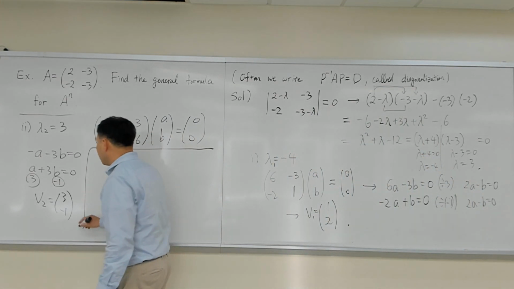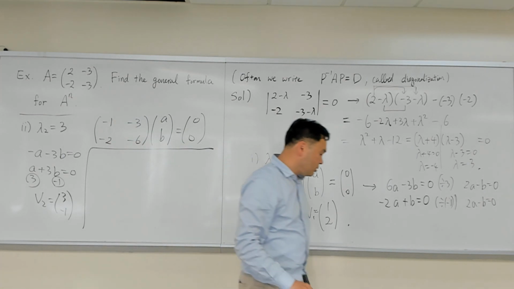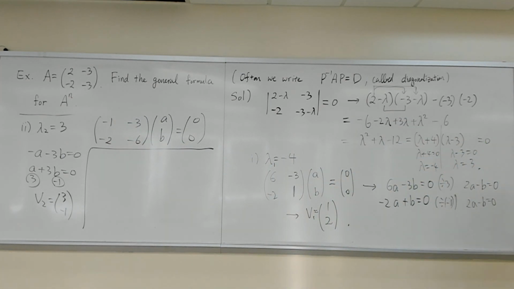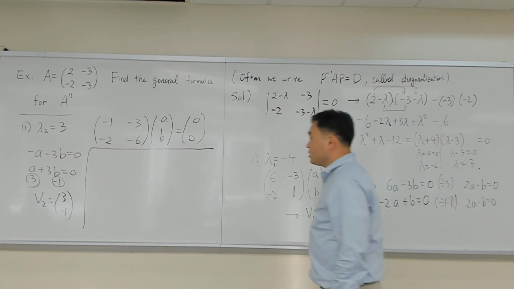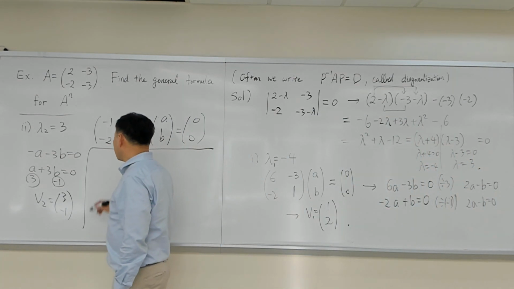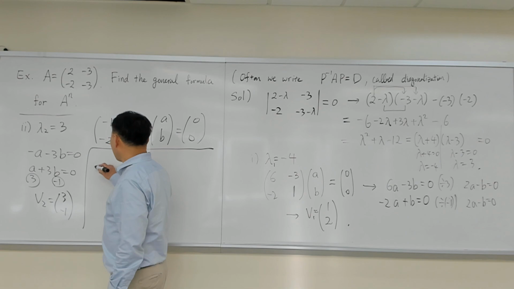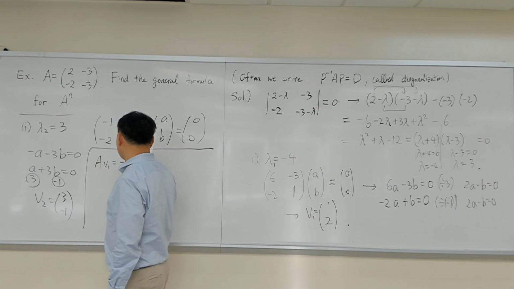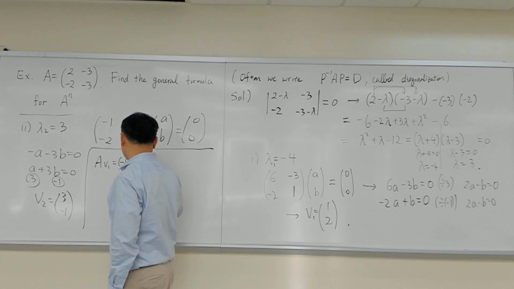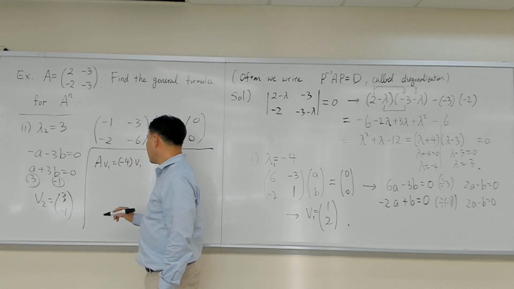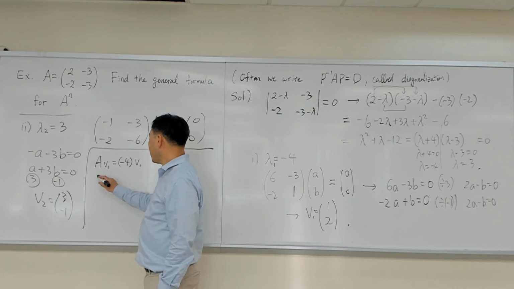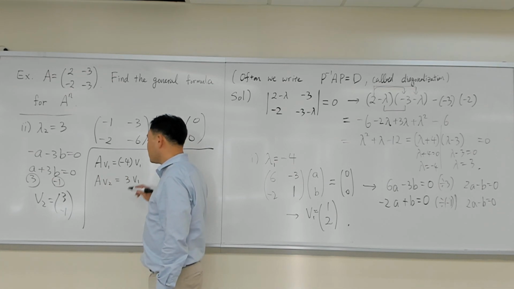Okay, so what do these two identities tell us? Well, it means that A times V1 is -4 times V1, and A times V2 is 3 times V2.